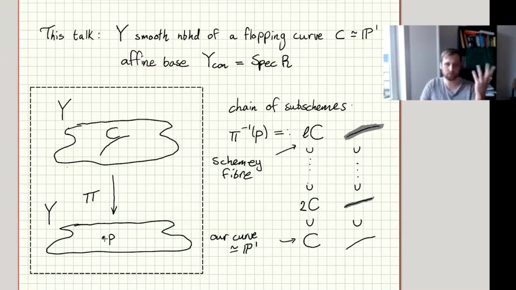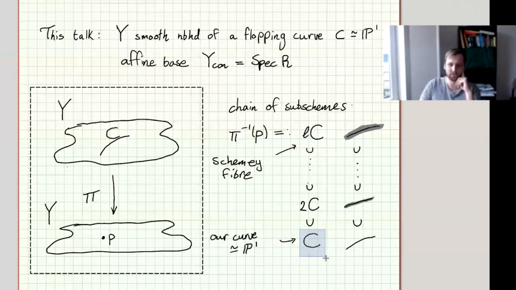So basically what you do, you pull back the maximal ideal of the point, you get some ideal sheaf, and the powers of this ideal sheaf give you a whole chain of subschemes, ranging from the fiber to our P1. So we have our curve, some first thickening, and so on until you get the full thickened fiber.